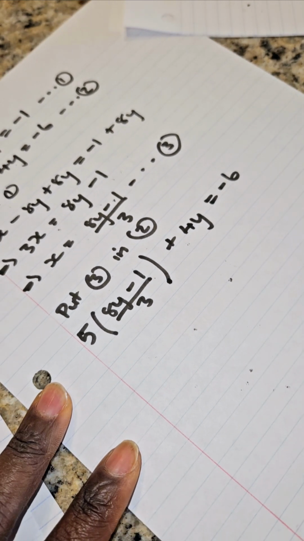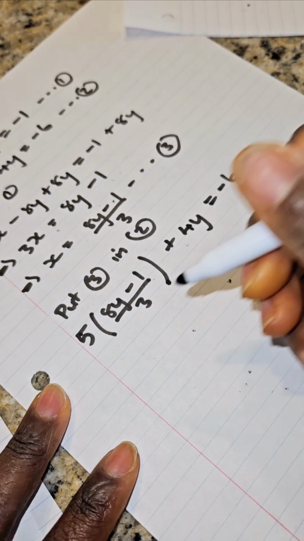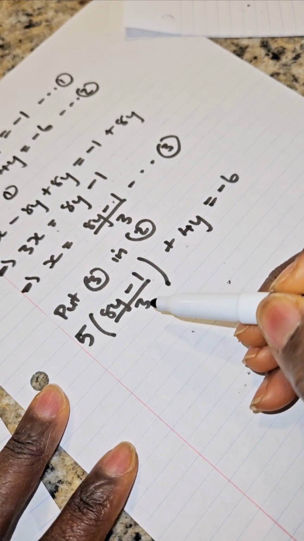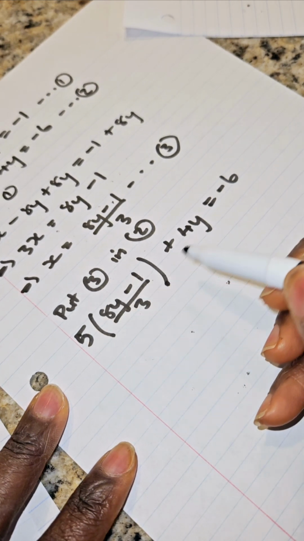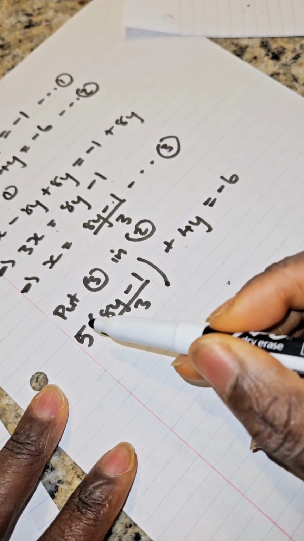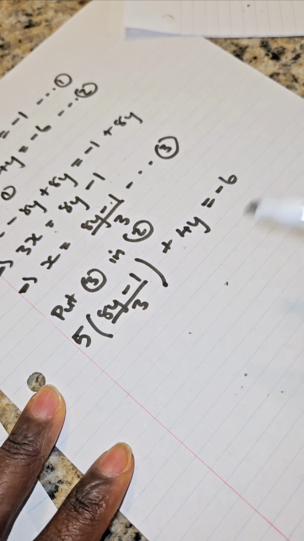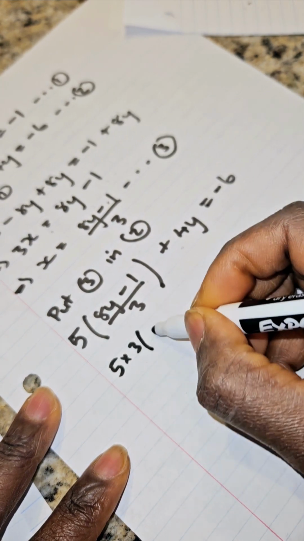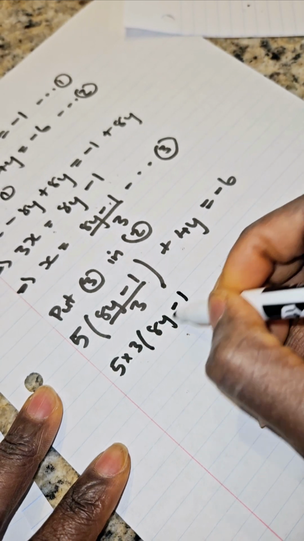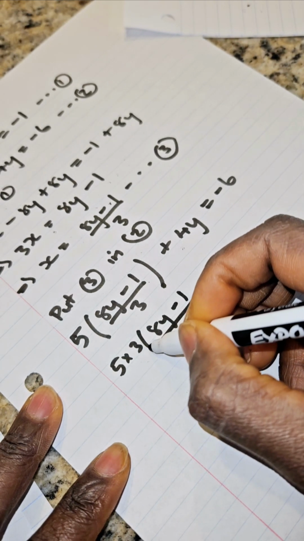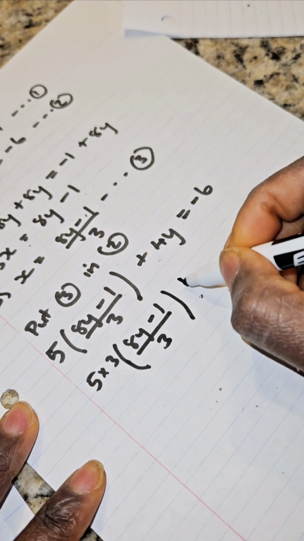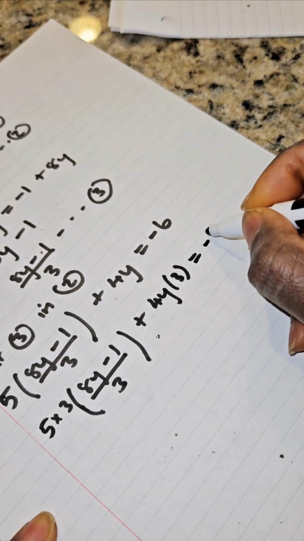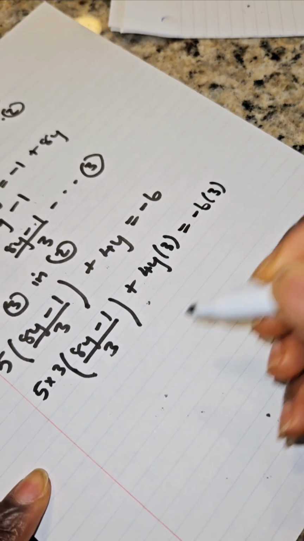For me to simplify this, if I multiply through by 3, I will do away with this denominator here. If I multiply by 3 throughout the equation, the 3 will cancel this 3 here. So I have 5 times 3 into 8y minus 1 all over 3, plus 4y times 3 equals negative 6 times 3.